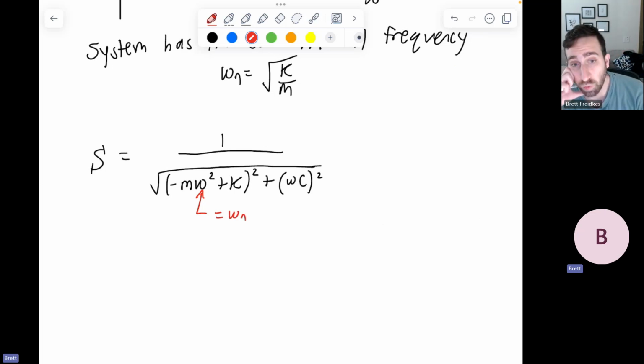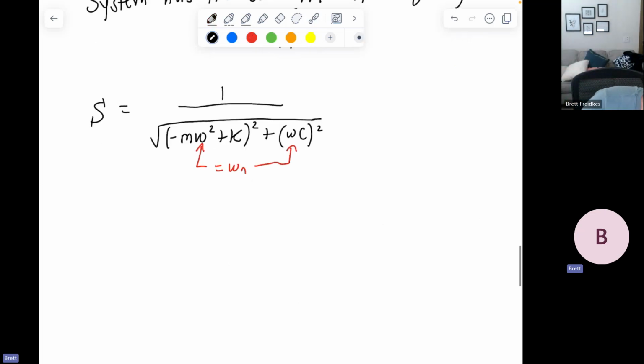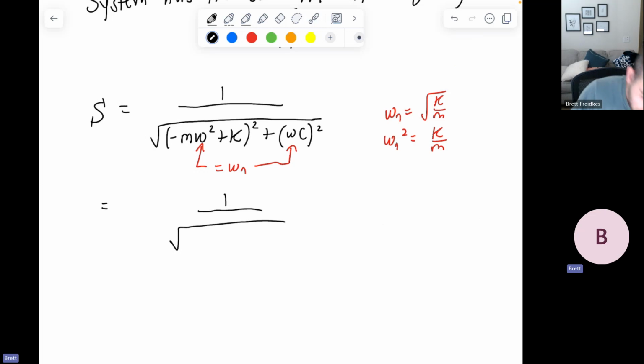So you can get a feel for what this does at that frequency. So let's plug that in. We'll get 1 over the square root, and don't forget that omega n is the square root of k over m, which means that omega n squared is k over m.